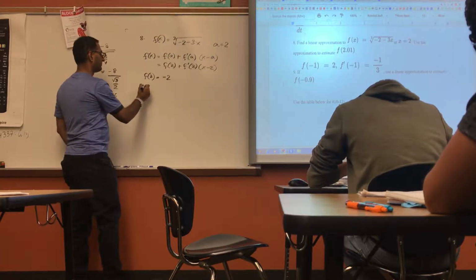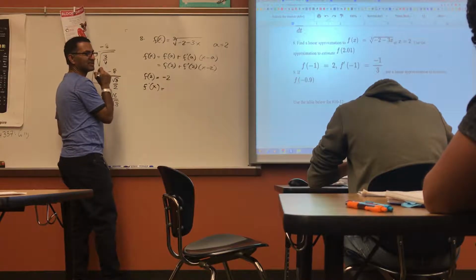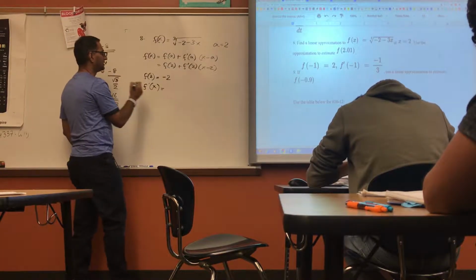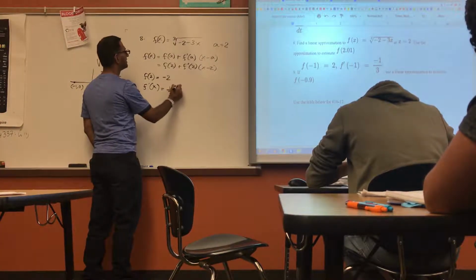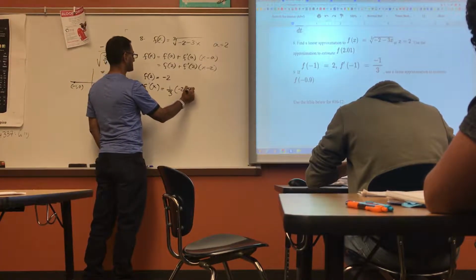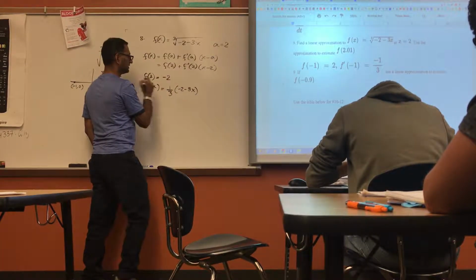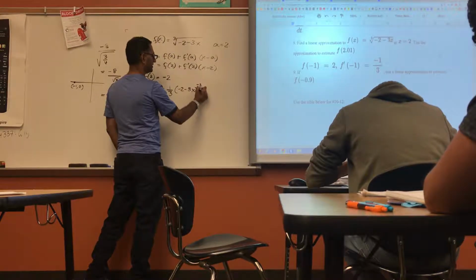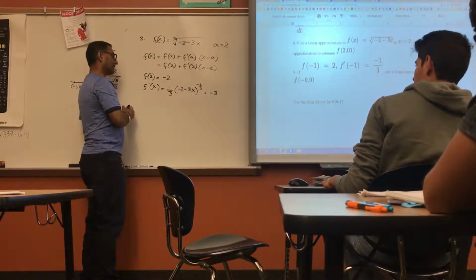What else do we find first? Let's find f dash of x. Is that to the power of 1/3? So you use power rule, chain rule. So it's 1/3 times negative 2 minus 3x to the power of negative 2/3 times negative 3. I'm going to rewrite. Oh, by the way, do the 3's cancel?